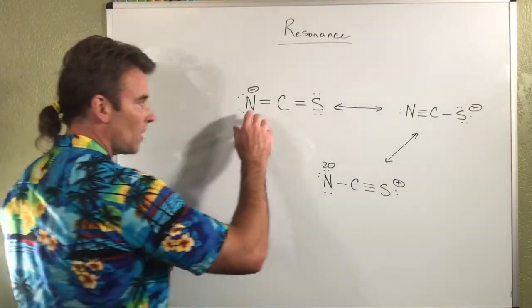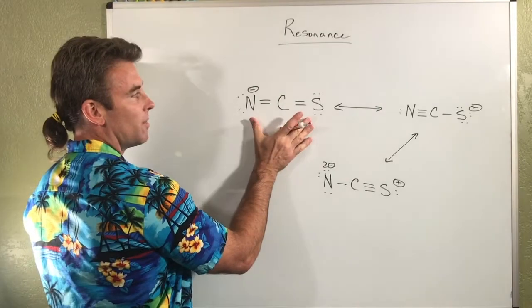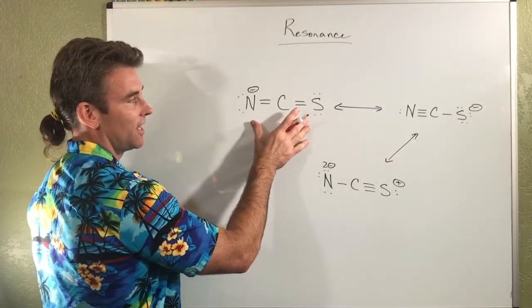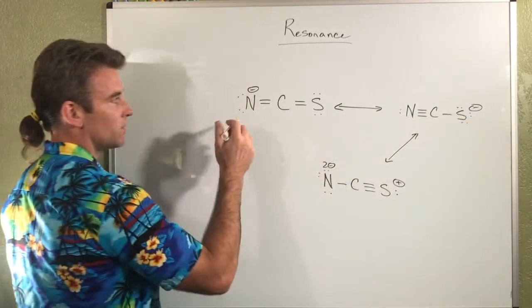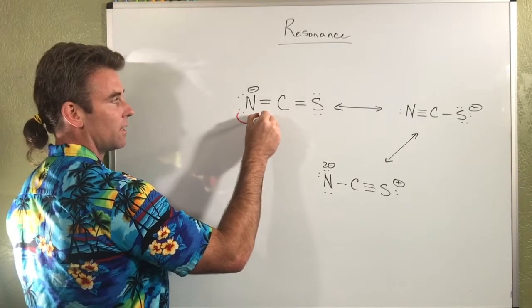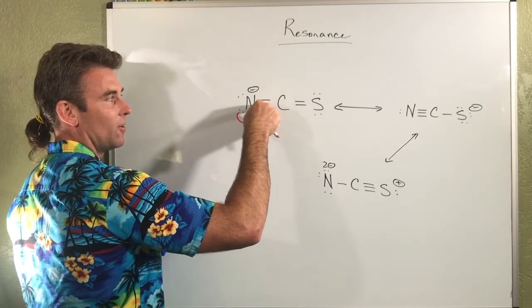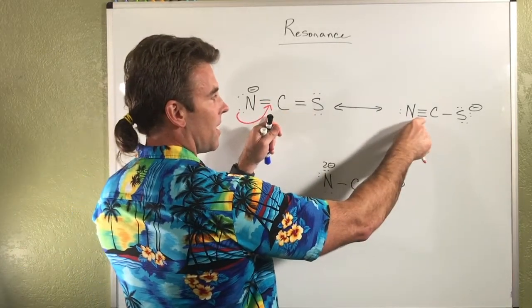So what I'm going to show you in red here is the arrow, technically a mechanistic arrow, or the arrow push that gets us from this form over to this form. So notice what I do is I go from a lone electron pair. I show that lone electron pair flopping down right here, right? So now if I stop there, I would have a triple bond.